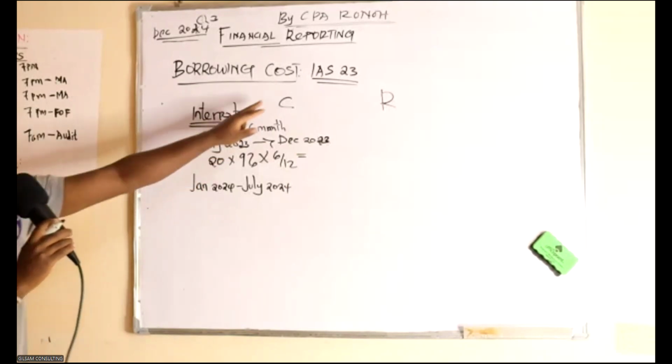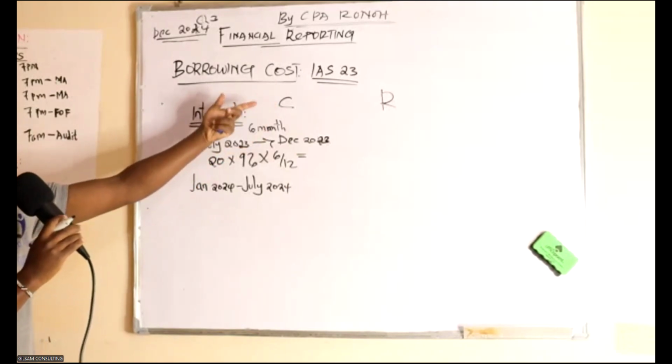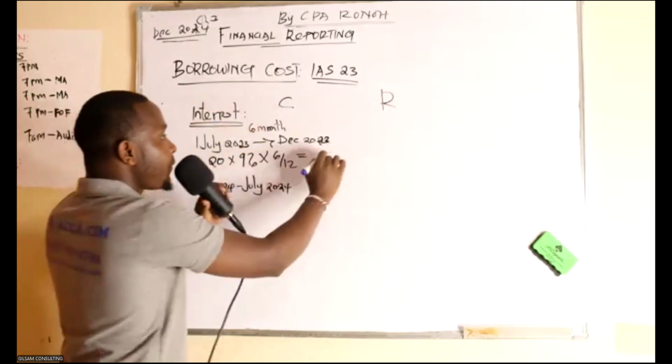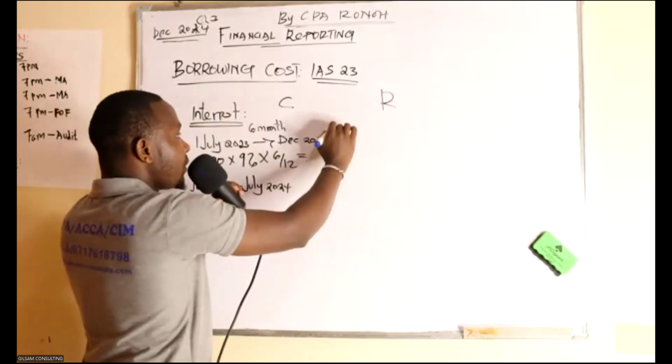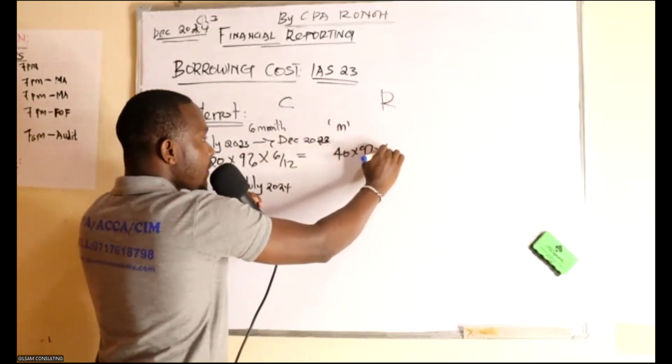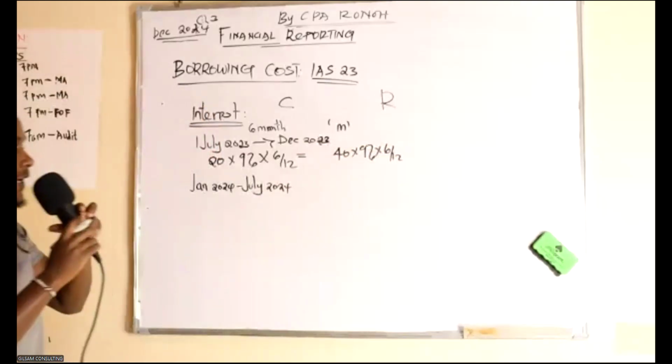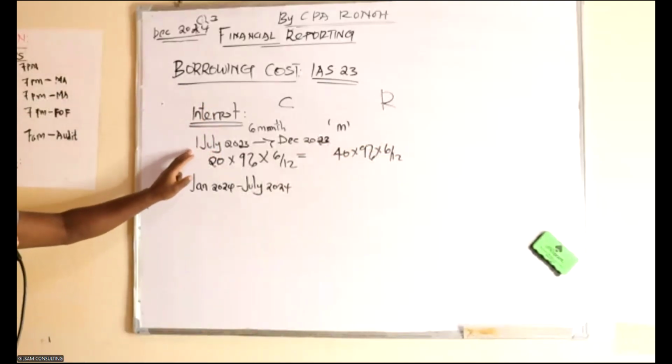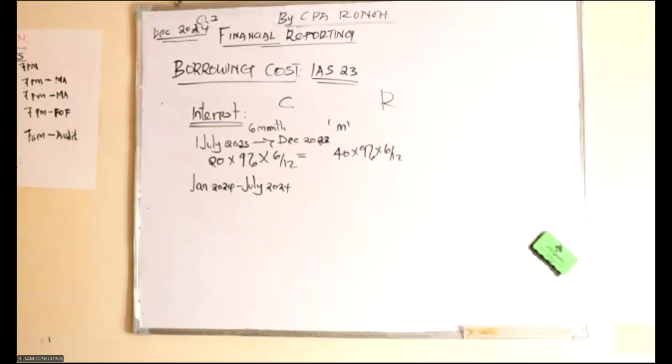That is for project cosmetic. And then the other one is 40 million times 9% times 6 over 12. That one will give us the first interest of the 6 months.